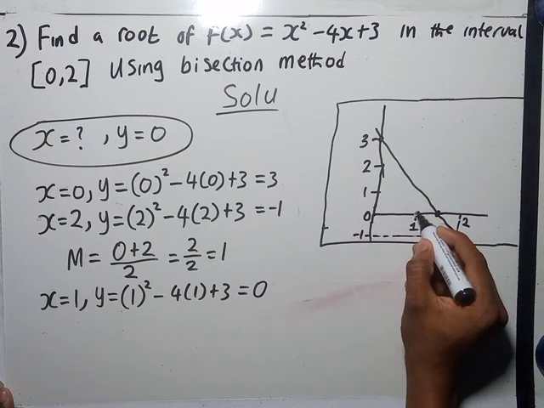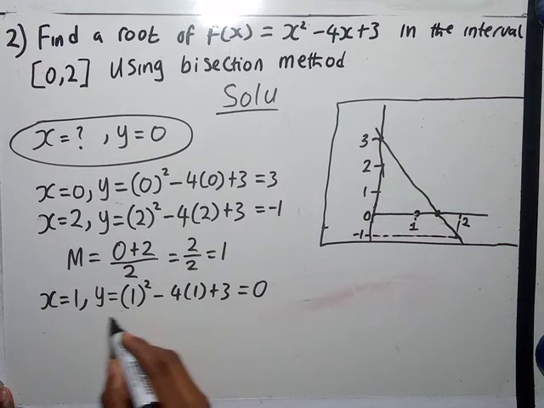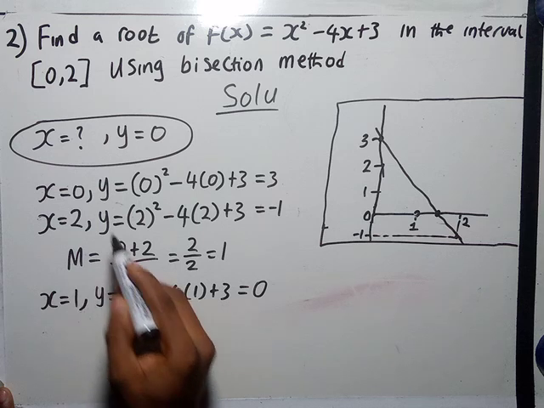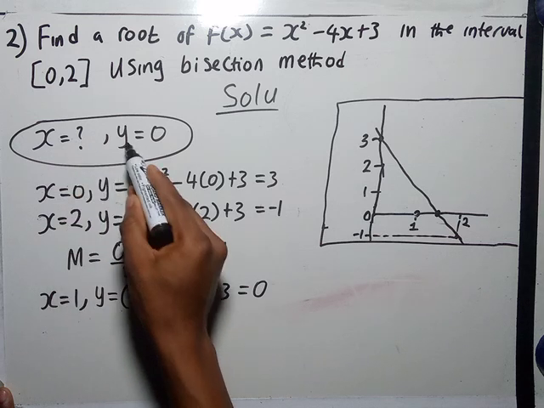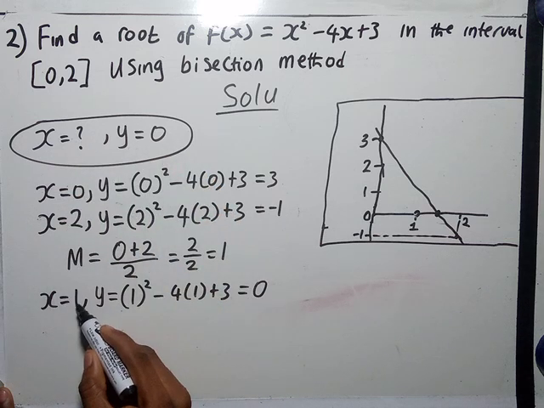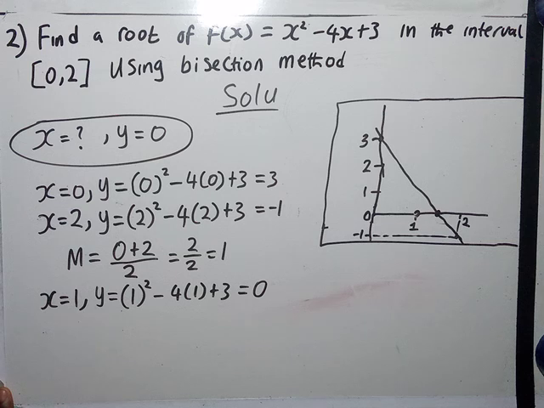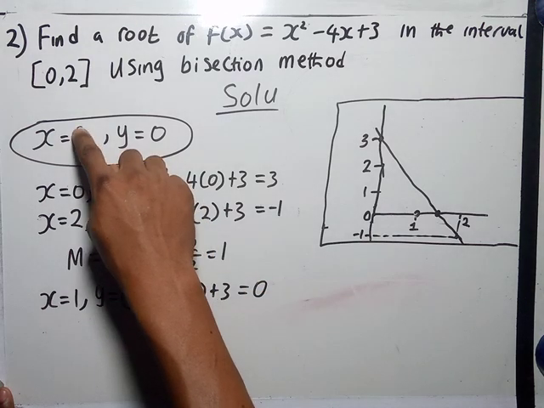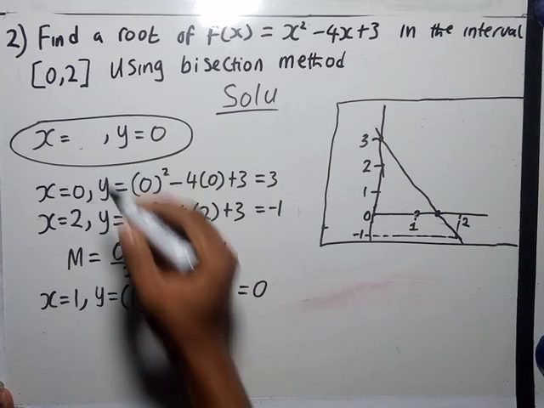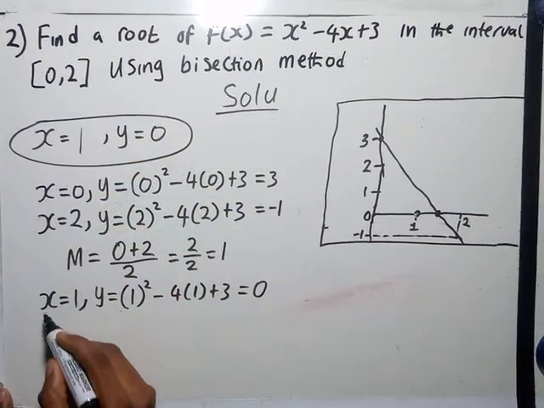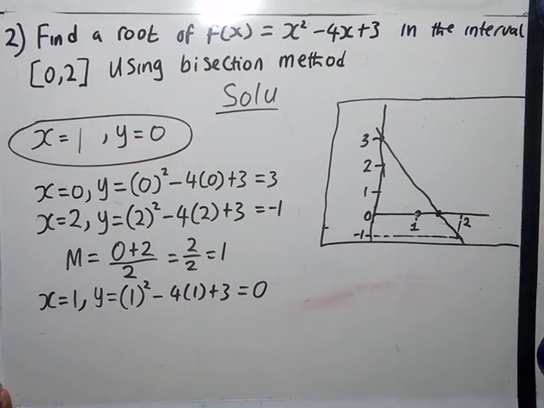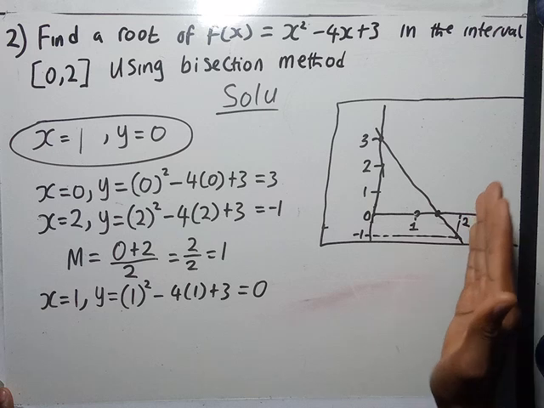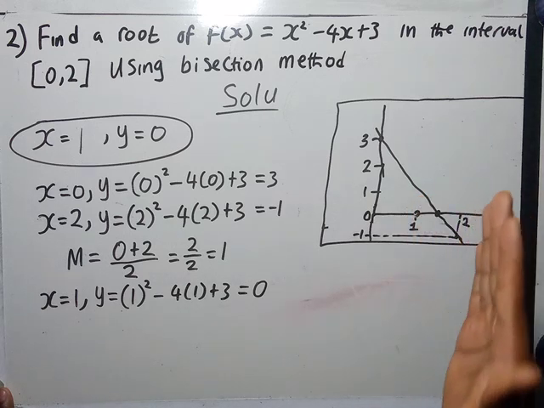So this is telling us that the value of x when y is 0 is 1. It turned out to be 1. This is what our equation is telling us. And what we have been doing all this while is dividing the interval.